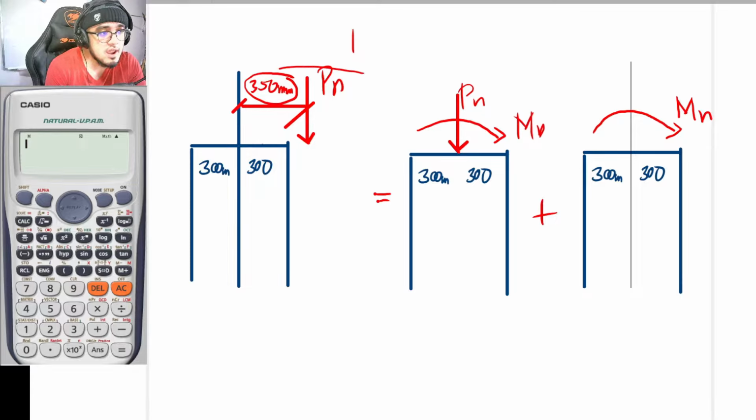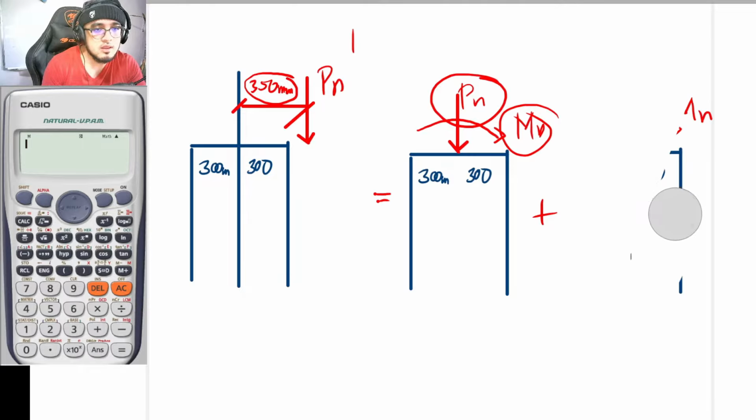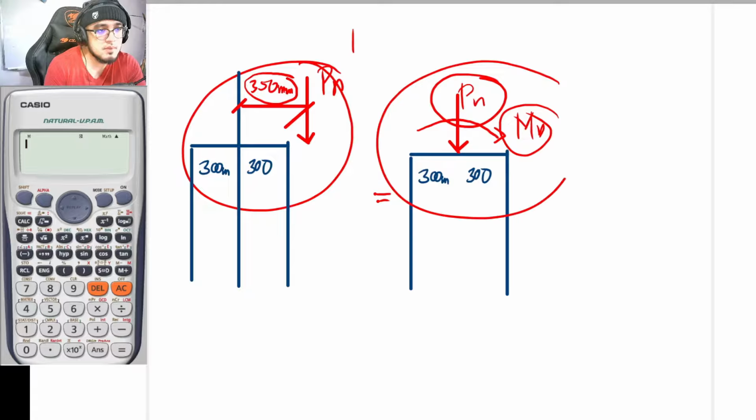Indication lang yan is that you have a moment that is very big, mas malaki yung moment natin kasi mas malaki yung eccentricity natin. But once again guys, it is actually just the combination of your Pn and your Mn. So if I am to delete this, ganyan siya. Once again, they would have the same result.